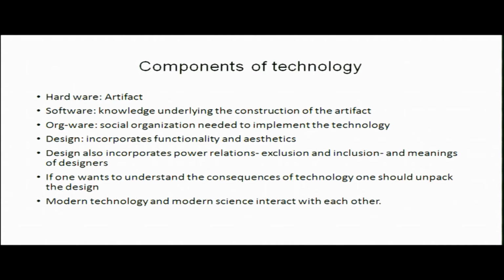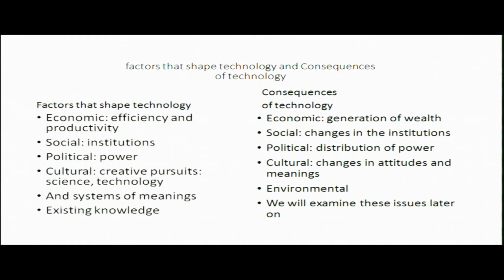So that is why if one really wants to understand the consequences of technology, one should unpack the design. And in today's context, modern technology and modern science interact with each other, about which we will see later on in the course.